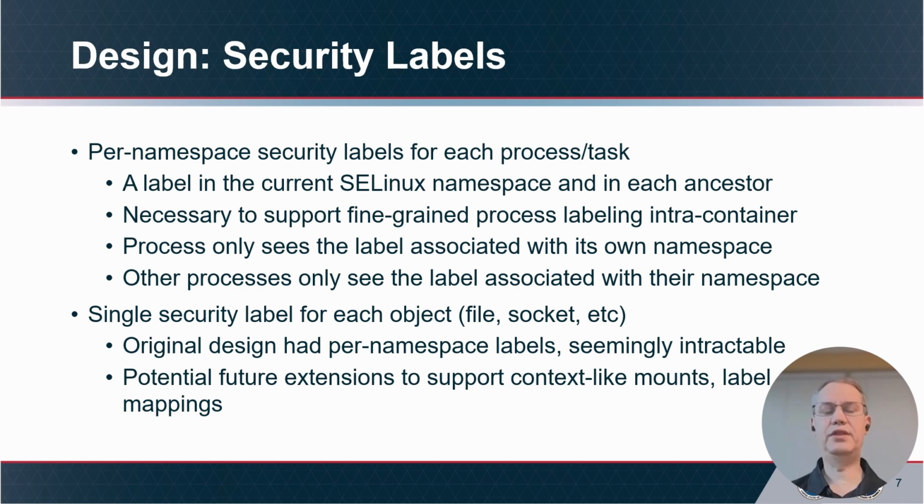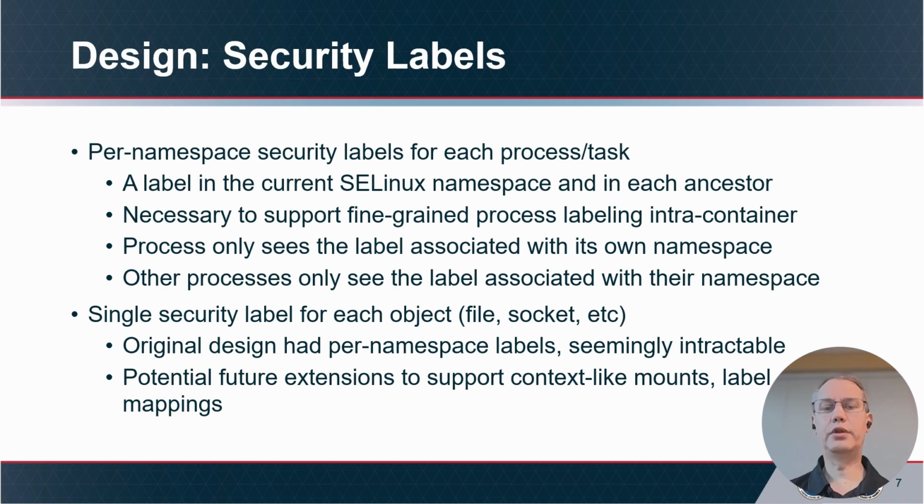As a result of these complications, it was decided, based on the discussions back in 2023, to instead simply support a single security label for each object, at least for now, and this allowed forward progress to be made.